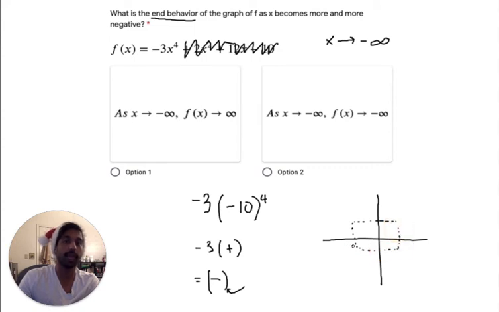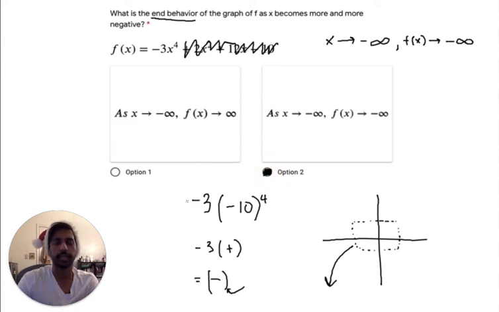But we know that as it gets more and more on the negative side, it's going to drop more and more down. So as x approaches negative infinity, f of x also approaches negative infinity. So our answer will be option 2.